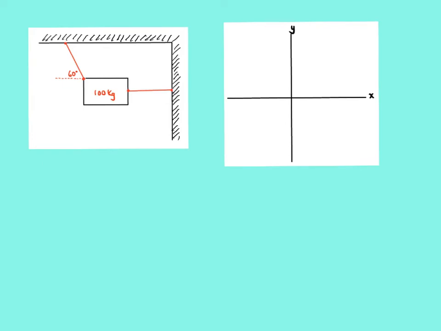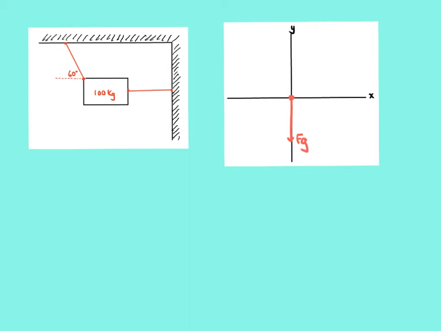Now we're going to take a box that's being attached to a ceiling and a wall by two rods. What we want to do is see what we can figure out here. What can we calculate based on everything we know? Let's start with a force diagram. Obviously we've got a force of gravity.